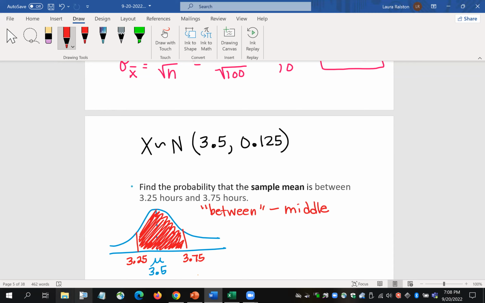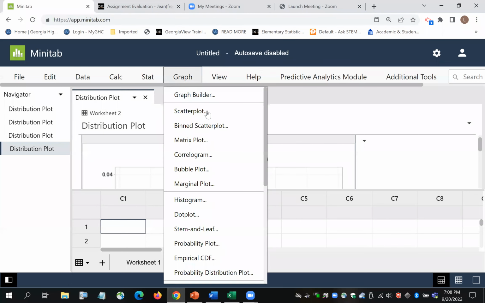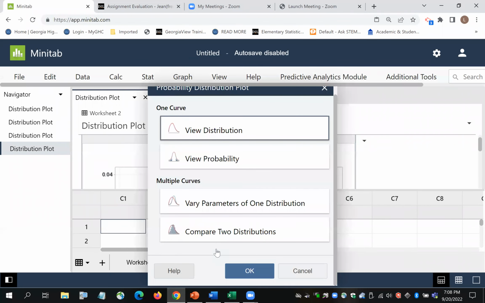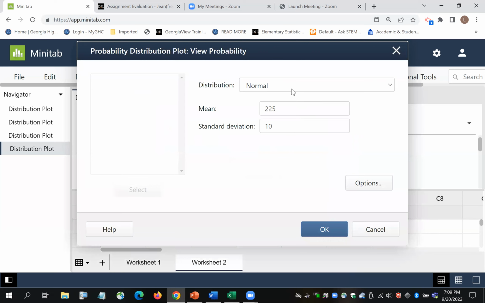So I'm going out to Minitab and I'm going to use the same commands we were using earlier. I just enter the adjusted or the central limit theorem values for the mean and the standard deviation. So we go graph, probability distribution plot, view probability. I click OK. We know that it's normal. The mean is 3.5.